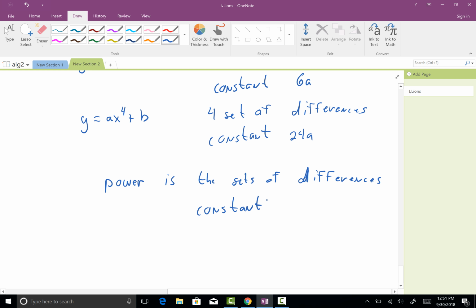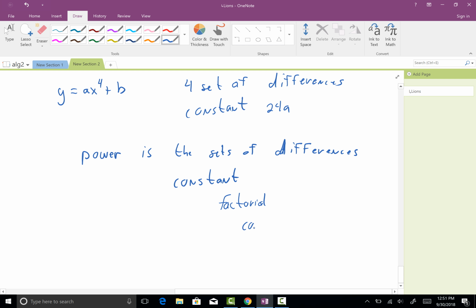It's kind of hard to see this, all right? But the pattern here is called a factorial. And the constant is equal to the a value times n factorial.